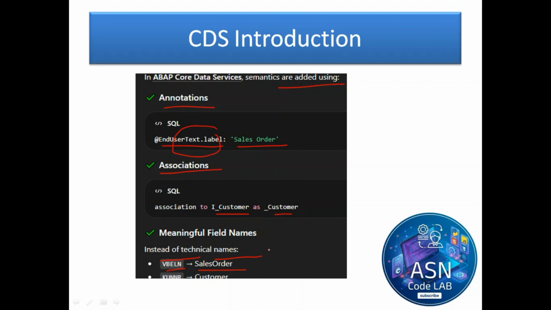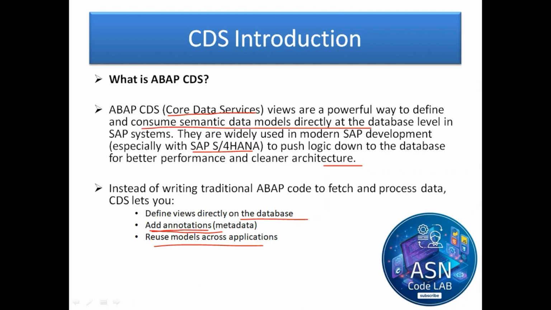But if you say, I need 5 sales order, it is more understandable to the end user. In the same way, we can use these meaningful names in CDS views as well. And our HANA database will understand these semantic data models. And also the performance compared to our traditional ABAP code is faster, with a cleaner architecture.